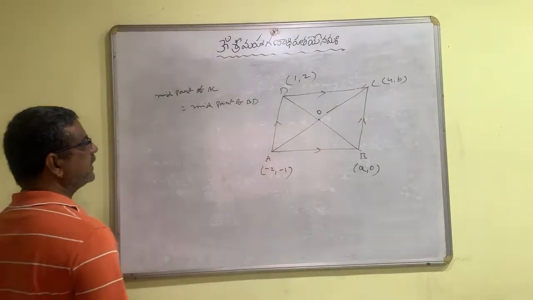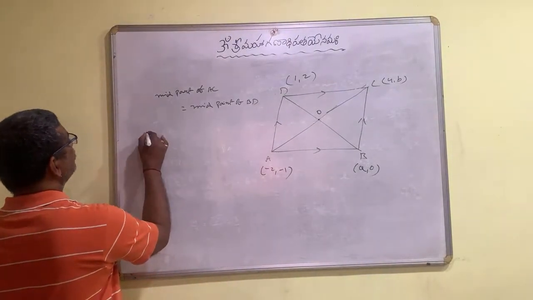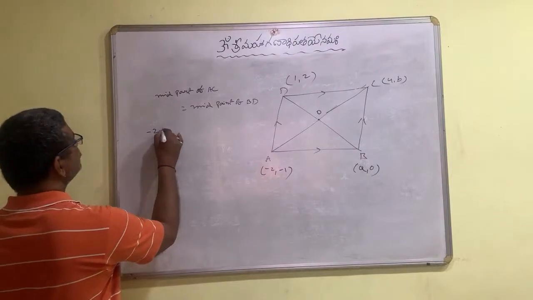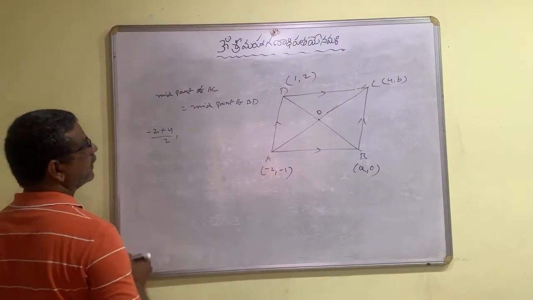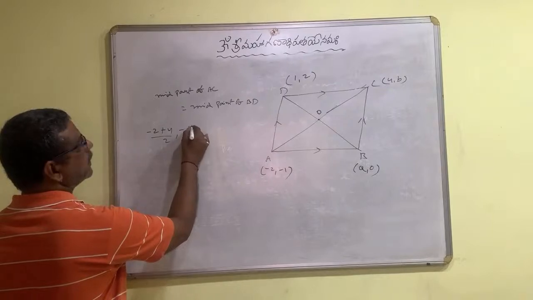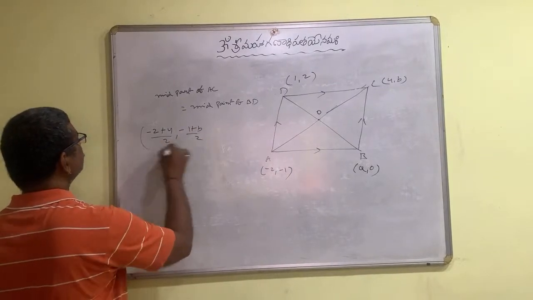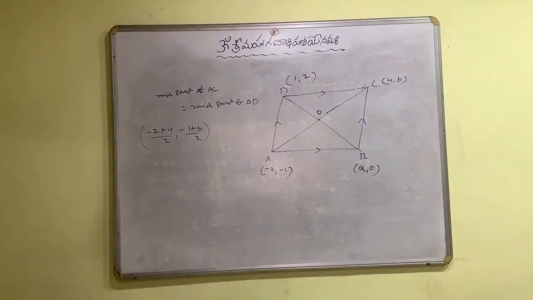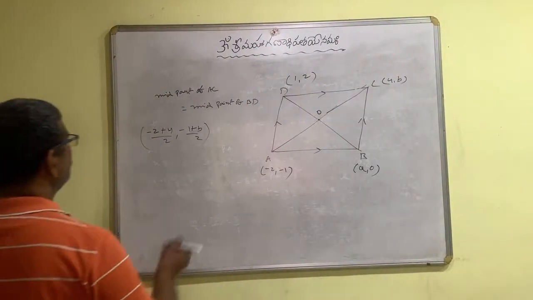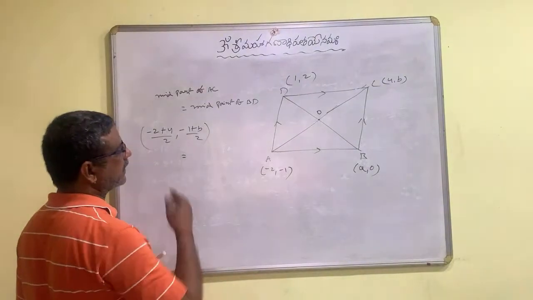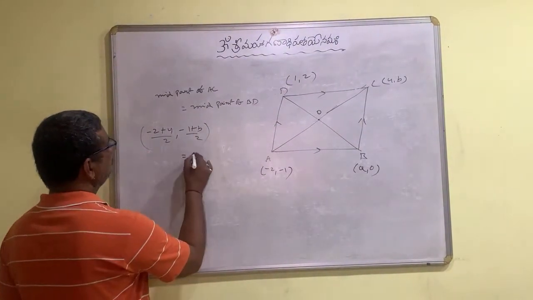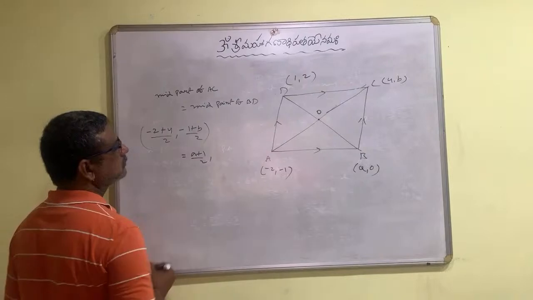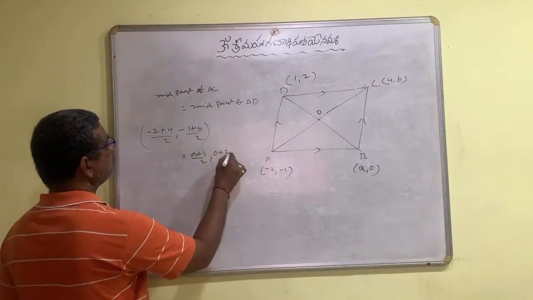Now calculate the midpoint of AC: ((minus 2 plus 4) by 2, (minus 1 plus b) by 2). This is the midpoint of AC. And the midpoint of BD: ((a plus 1) by 2, (0 plus 2) by 2).